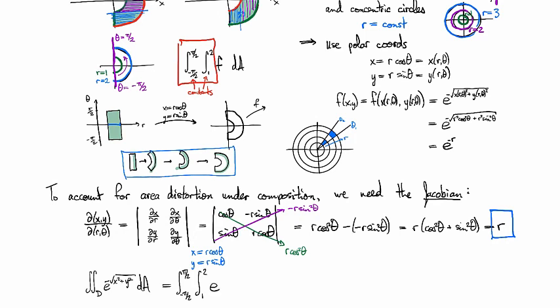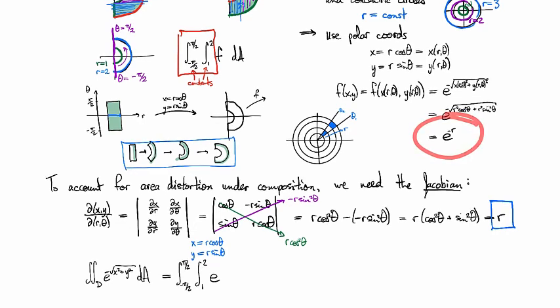And our function, we saw, is now going to be e to the minus r. And then we need our Jacobian determinant, which is just r. And then that's integrated dr d theta. And now there's an integral I know you can work out.